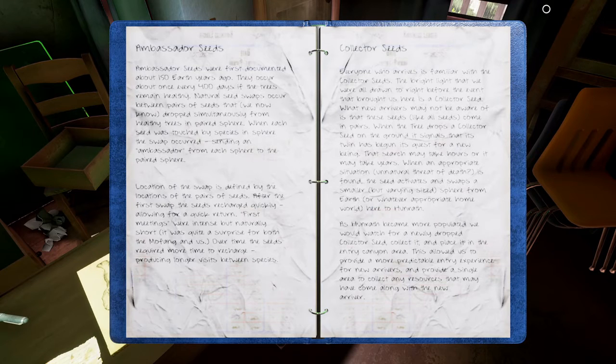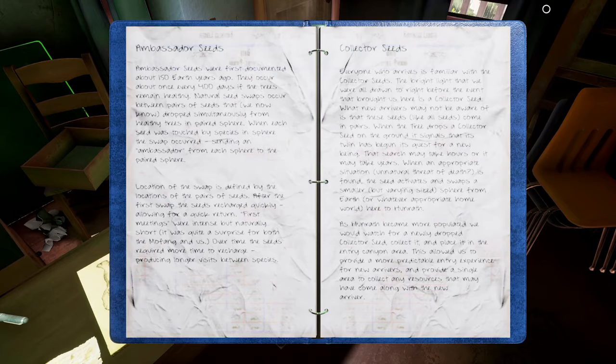Location of the swap is defined by the locations of the pairs of seeds. After the first swap, the seeds recharged quickly, allowing for a quick return. First meetings were intense but naturally short. It was quite a surprise for both the Morphang and us. Over time, the seeds required more time to recharge, producing longer visits between species.